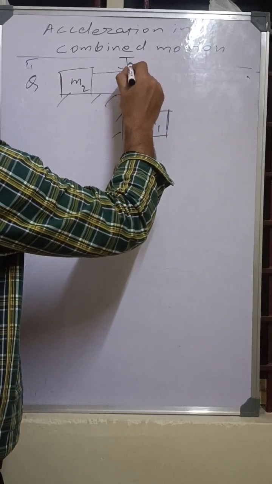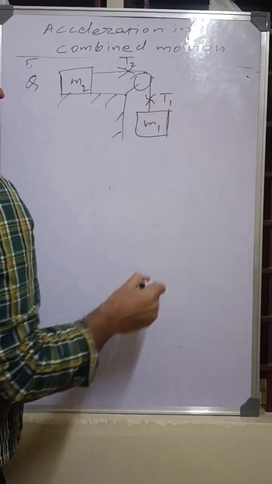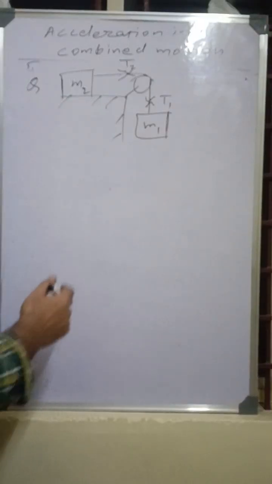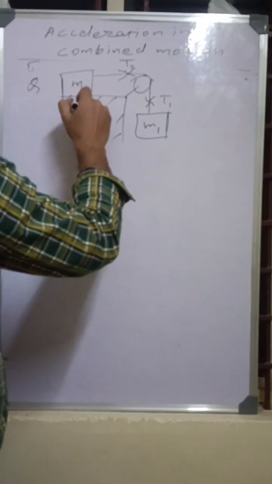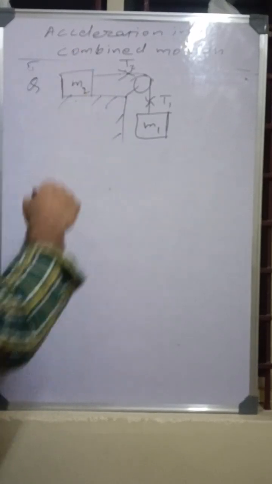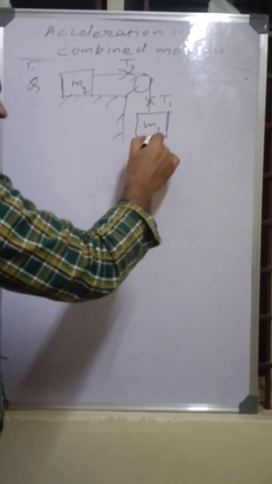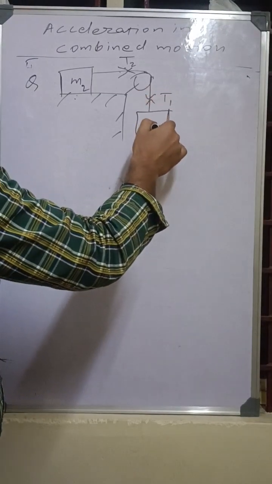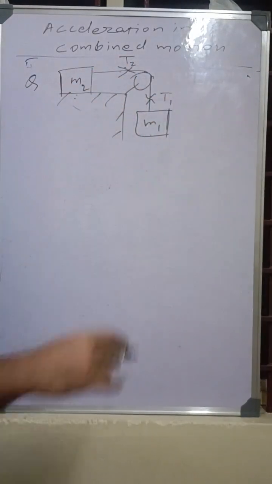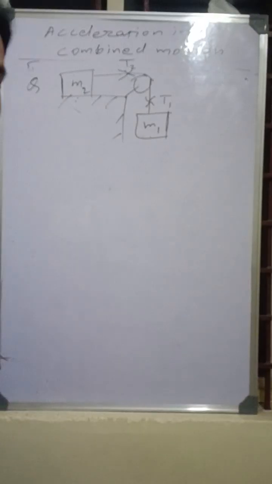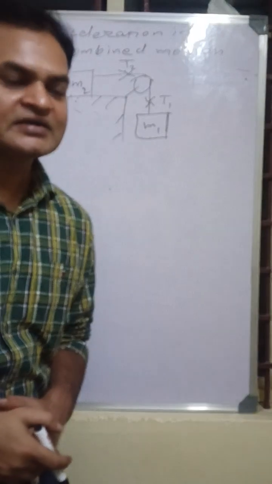Here it will be, suppose, T2, and here T1. So look here: on the system, how much unbalanced force is acting? The weight of M2, M2G, is balanced by the normal contact force. Only M1G is acting as net unbalanced force on the system.